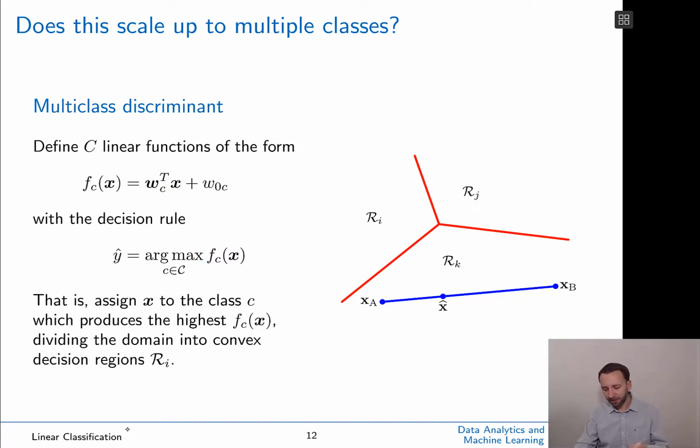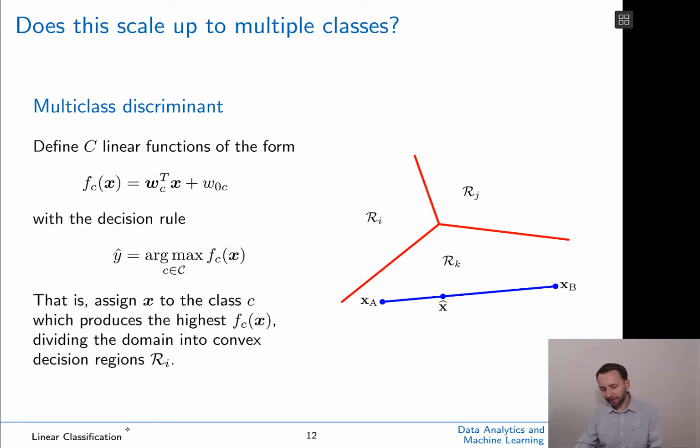Okay? And then it will look like these Voronoi cells. You get a region which is class 1, class 2, and class 3, but you don't have these empty regions. So you assign x to the class where you obtain the highest score. This is similar to a probabilistic interpretation, but of course this is not a probabilistic value.